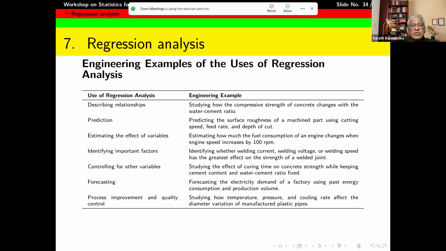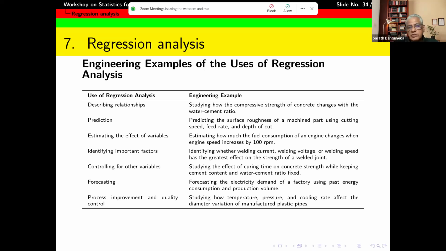If you consider prediction, for example, predicting the surface roughness of a mechanical part using cutting speed, feed rate, and depth of cut. So these are several variables, predicting the surface roughness. That is the response, and the other variables are the explanatory variables.